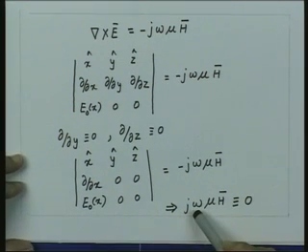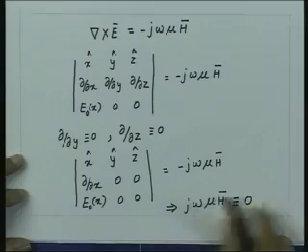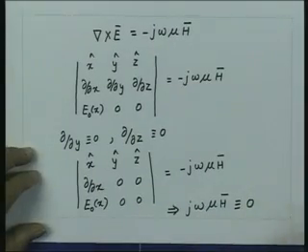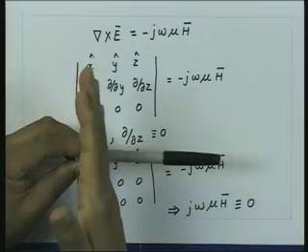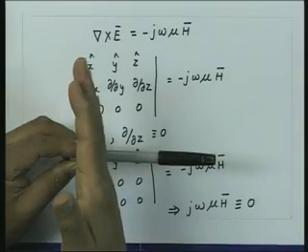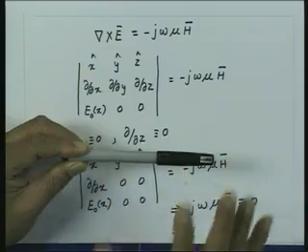Since we take time varying fields, omega is not equal to 0, mu is not equal to 0. So essentially the magnetic field is equal to 0. So for this electric field, the magnetic field has to be identically 0, which means this is the electric field which will exist without any magnetic field.